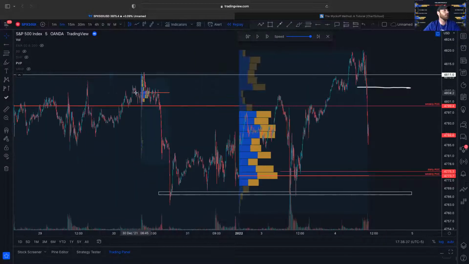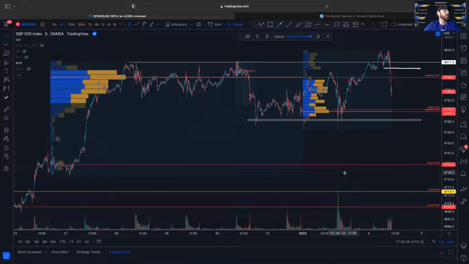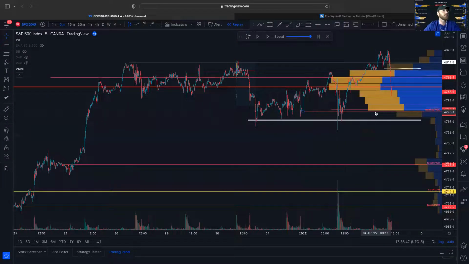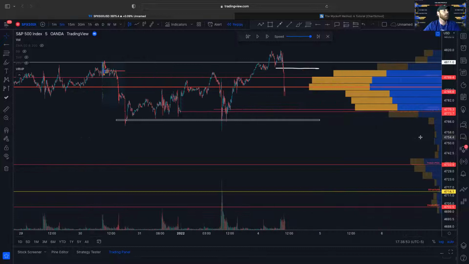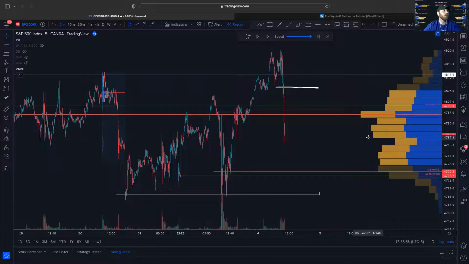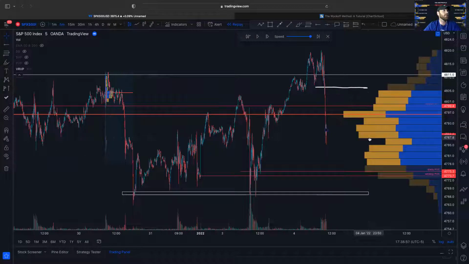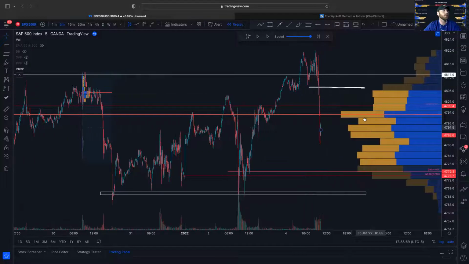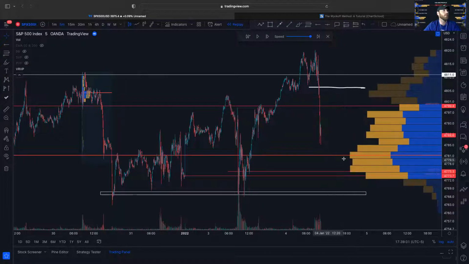I'm trying to make sure I mark off all the volume that I need. Okay, I think that's good. And you can still see if we slip, it's going down here. I don't want to miss anything. Okay, I'm not seeing anything. This is the point of control right now, but that doesn't help me with anything.